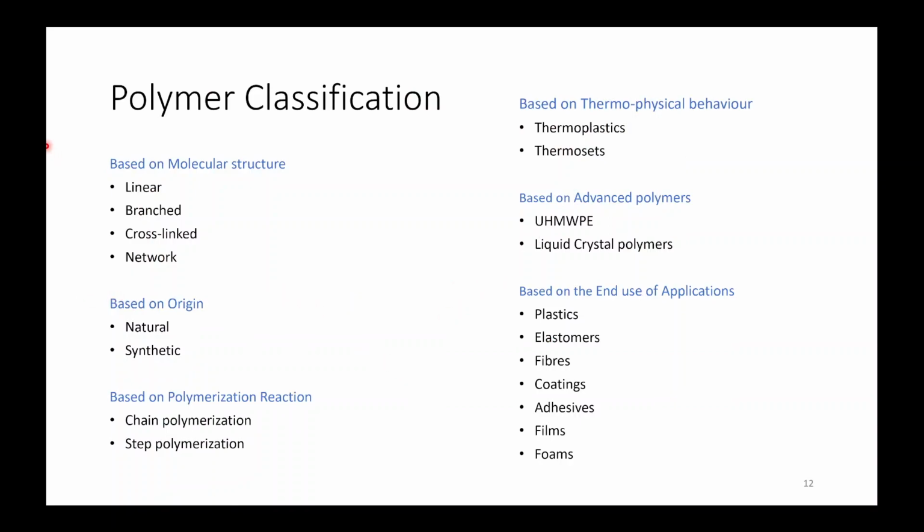Okay, so firstly, classification of polymers. Polymers can be classified on various bases. First one is based on molecular structure. It can be linear, branched, cross-linked, network, and based on origin, it can be natural or synthetic.